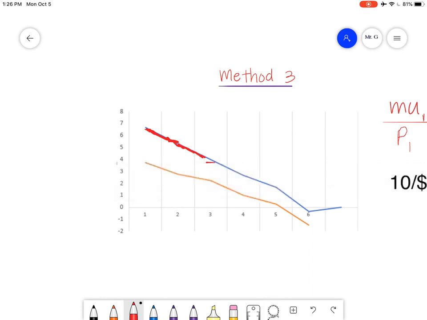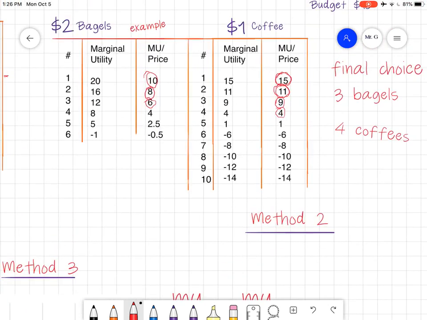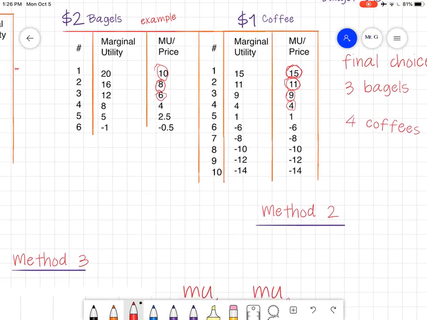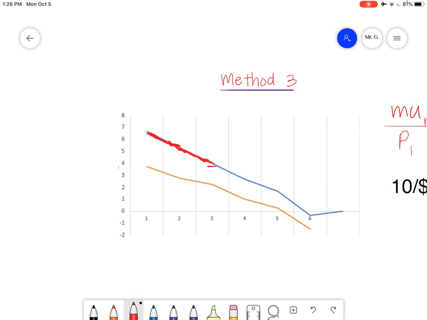Okay, so we basically would keep buying, in this particular case, up until this point. And you remember that held true up above here. What did we do? Well, we bought a lot more coffee first because it gave us more bang for our buck, okay? And so we'd buy all that red area first.